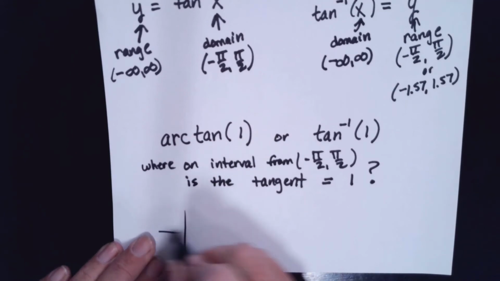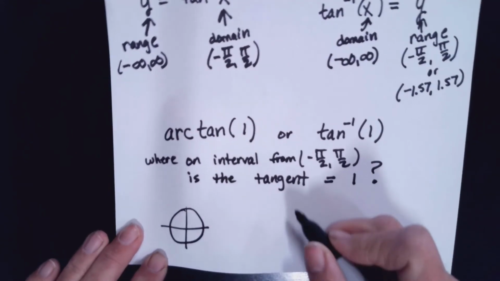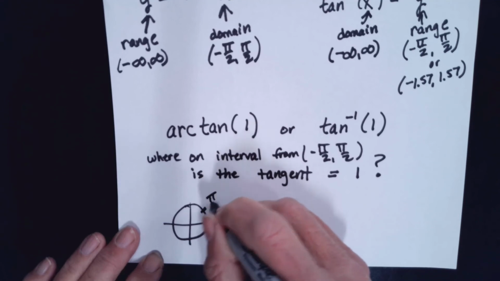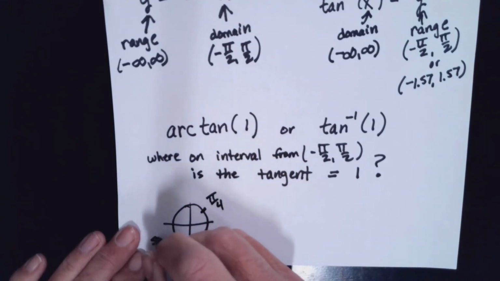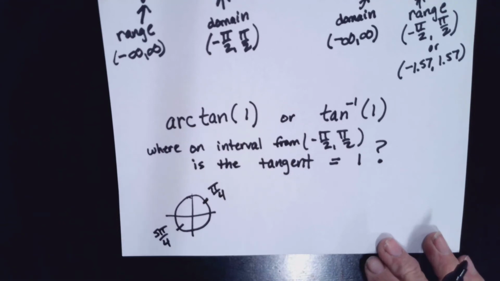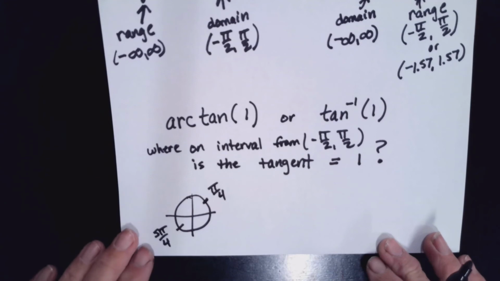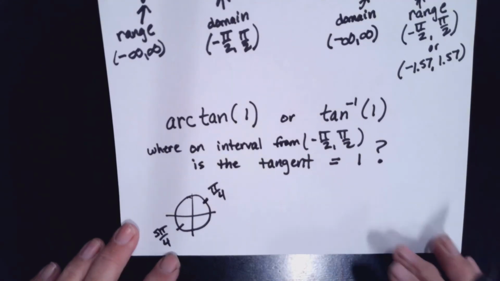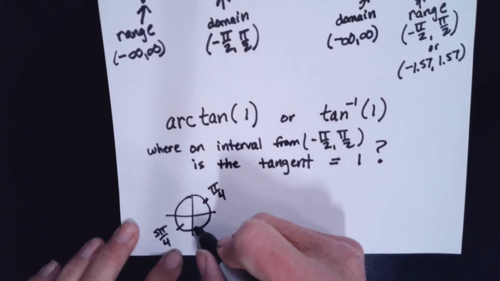Last night you said, well, the tangent is 1 at pi over 4 and at 5 pi over 4. Once again, that's what you did last night. We got two values from 0 to 2 pi. But now our inverse can only be one answer, and it has to be from negative pi over 2 to pi over 2.